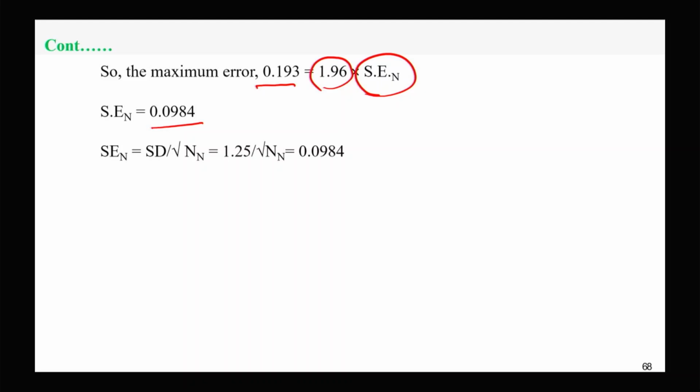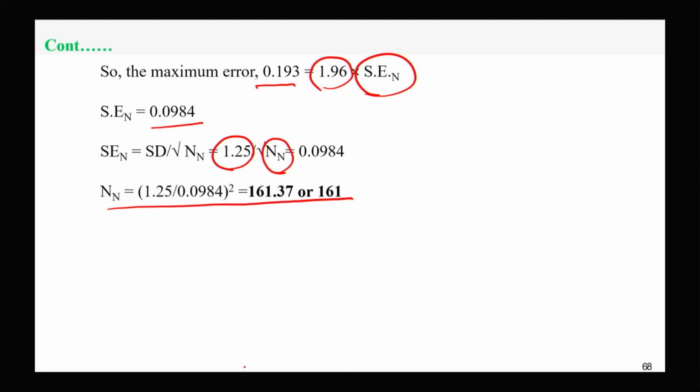Through the standard relationship, the standard deviation of the population will remain the same, and we will get the new number of specimen required. By solving this equation, we get the new number of specimen is around 161.